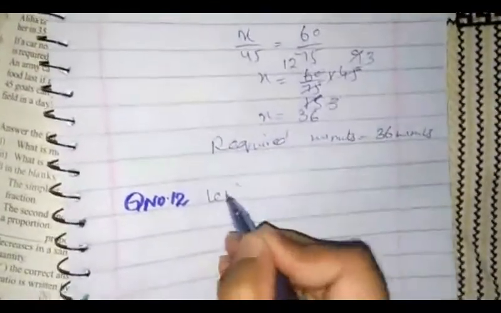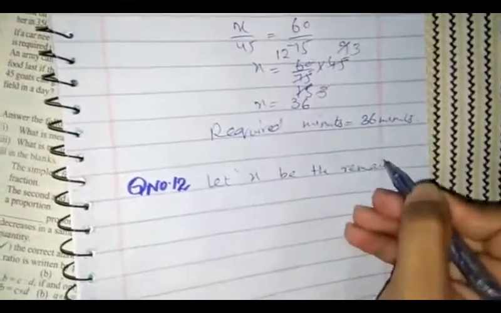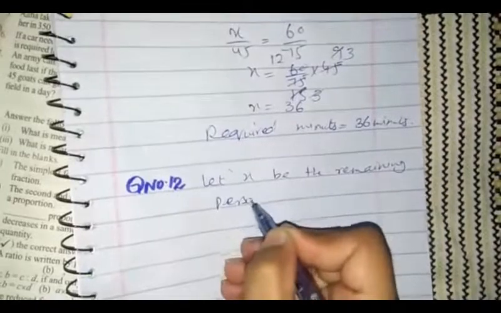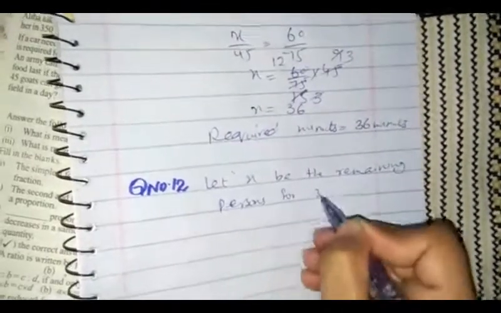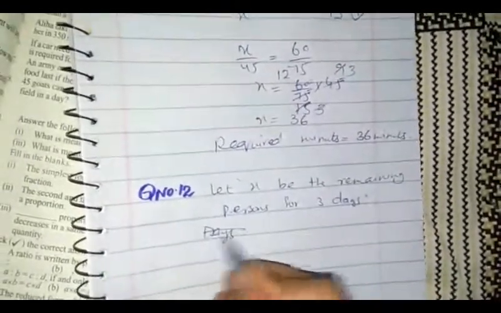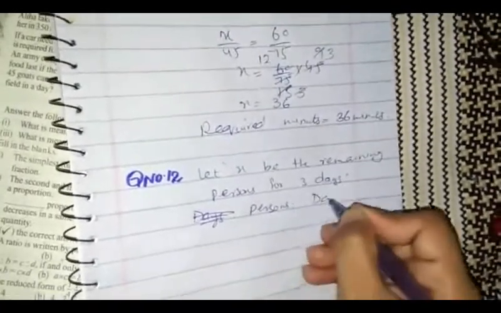So let X be the remaining person. This is not our required person. This is the total persons for 3 days. So students, the ratio is between days and persons.